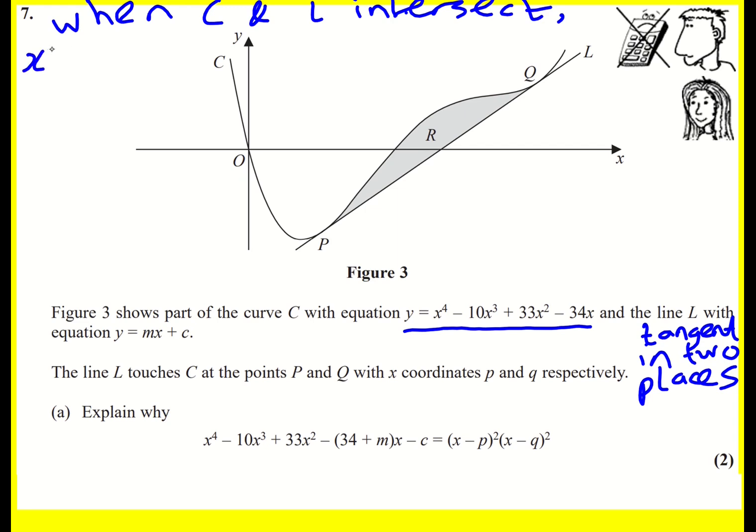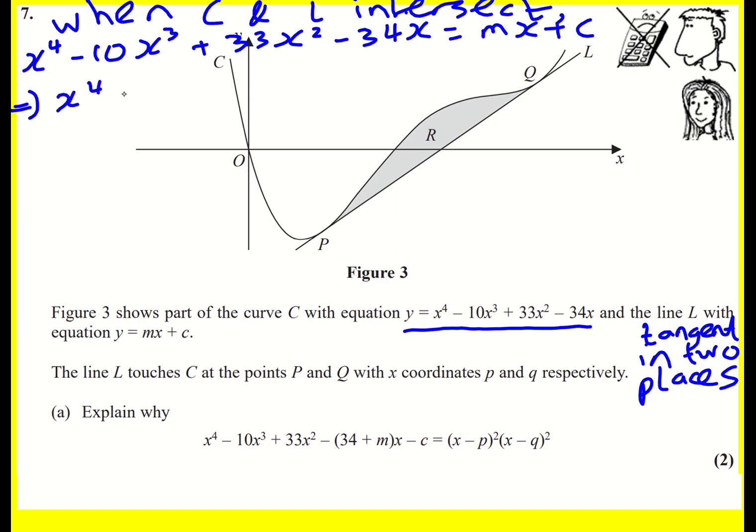we've got x to the 4 minus 10x cubed plus 33x squared minus 34x will equal mx plus c.